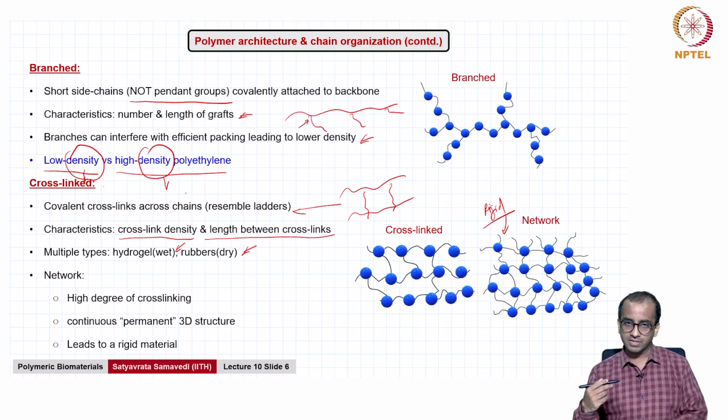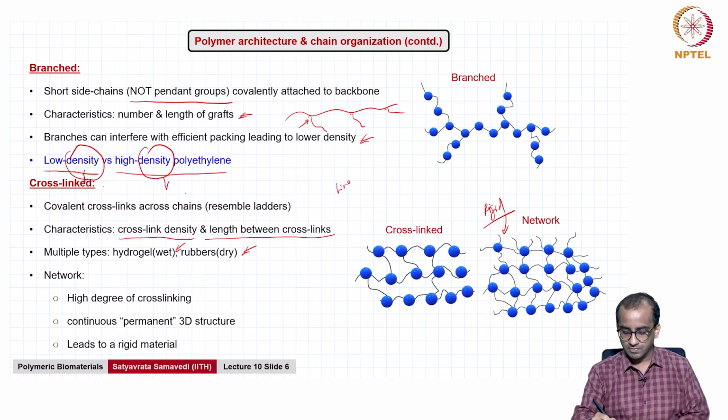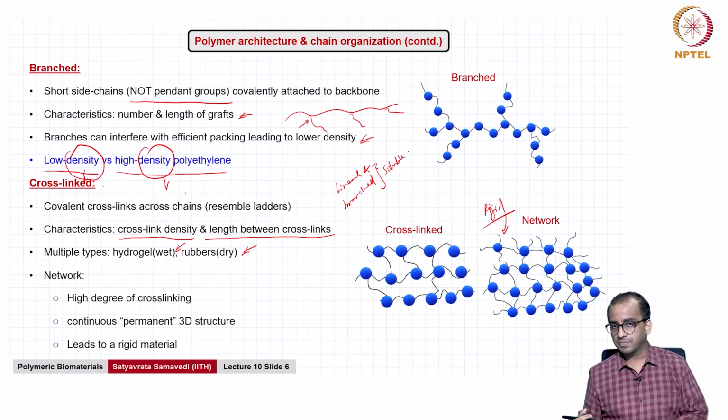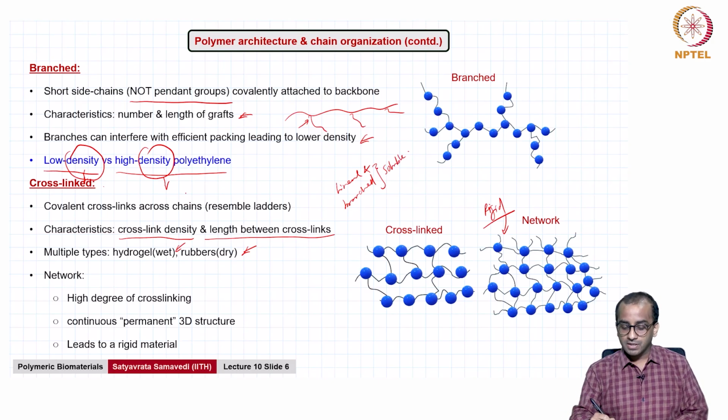Now, one way to distinguish between some of these polymer architectures, namely cross-linked versus branched, is to ask how these polymers interact with solvents. So, if you look at linear polymers and branched polymers as well, largely they are soluble in many solvents, whereas lightly cross-linked polymers are not soluble per se, but they can swell in specific solvents.